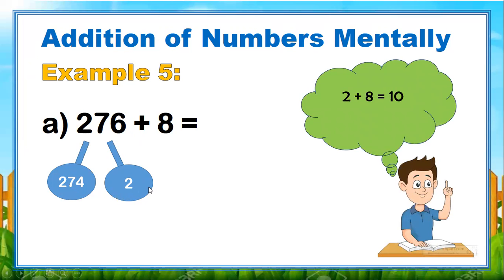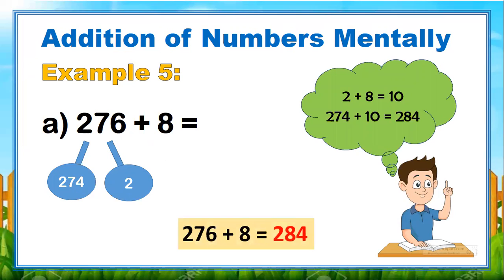And we all know that if we add 2 and 8, it will give us 10. And 274 plus 10 is equal to 284. So 276 plus 8 is equal to 284.